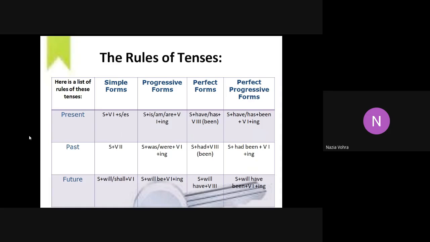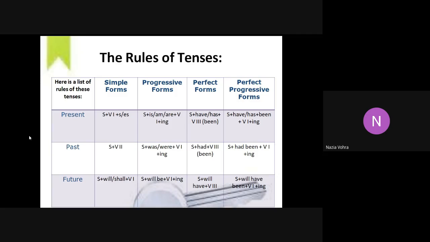Okay, when it comes to the present tense in a continuous form, something which we are doing, we will use is, am, are plus a verb one with an ing. So read, reading. I am reading. She is reading. They are writing.